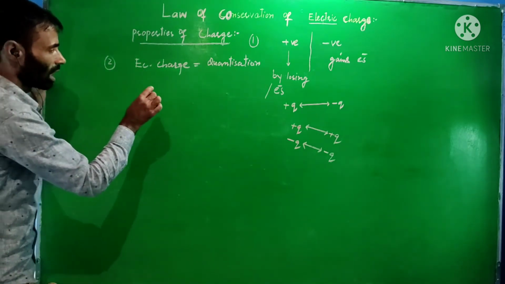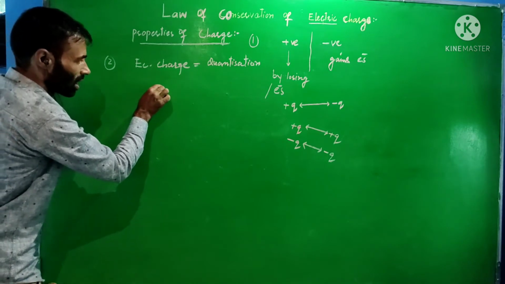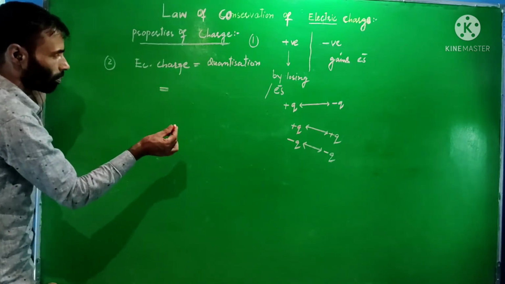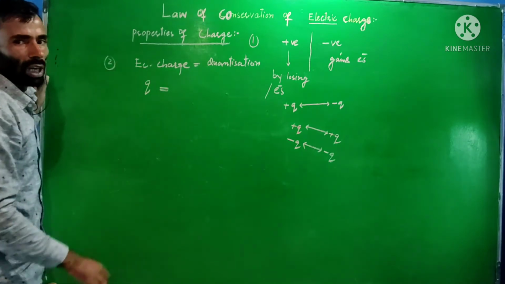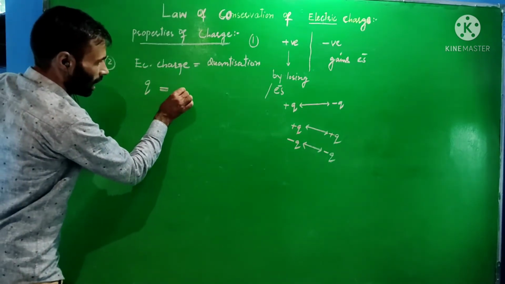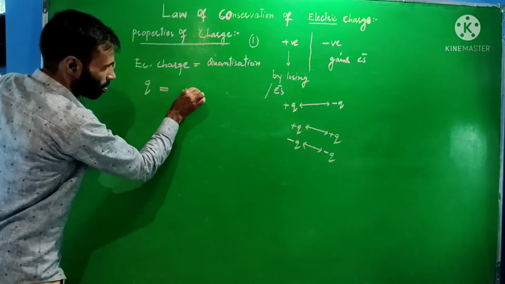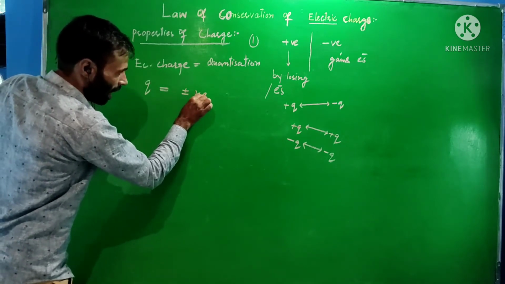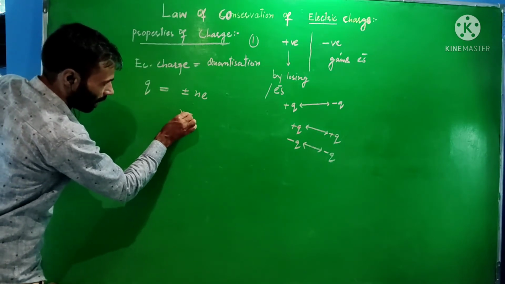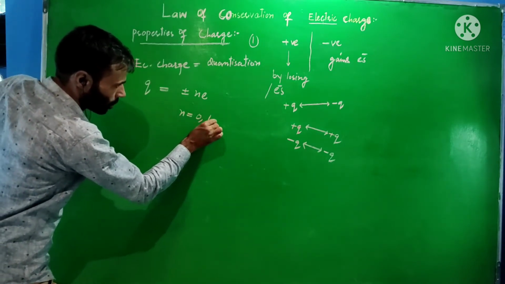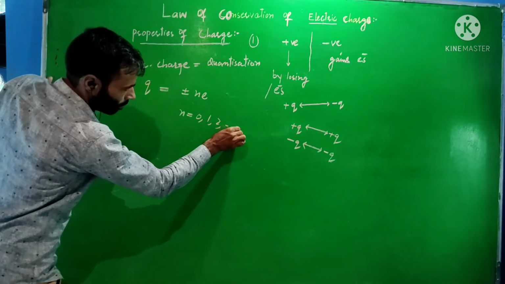Discrete units in the sense that the charge present on any body, suppose we have a body, the charge present on that body is Q, then that will be equal to plus or minus n e. Here n is a number, which we can take as 0, 1, 2 and so on.